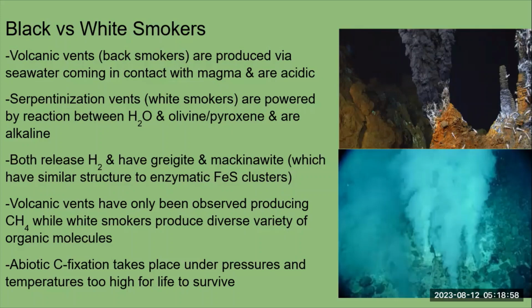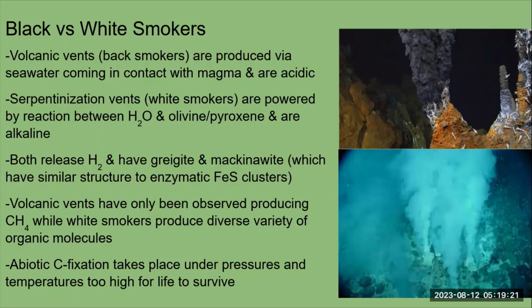The other major kind of vent is known as a serpentinizing vent, or a white smoker. This system is powered by water reacting chemically with ultramafic rocks such as olivine and pyroxene to produce serpentine, magnetite, and hydrogen. White smokers are alkaline, and the white plume is composed of calcium carbonate.